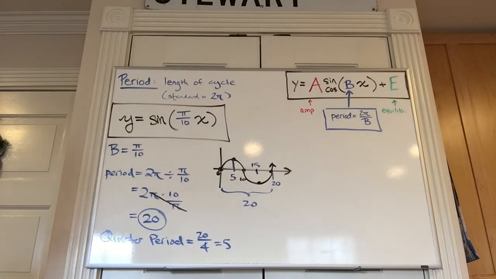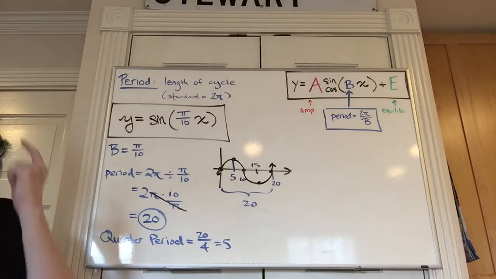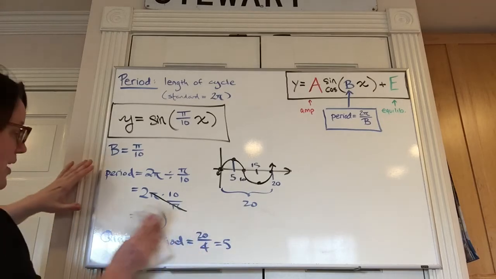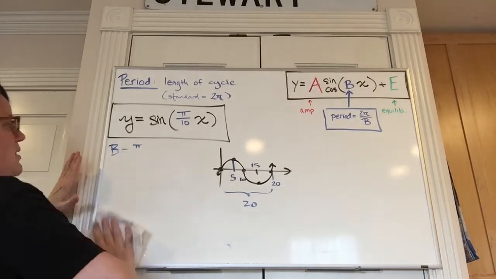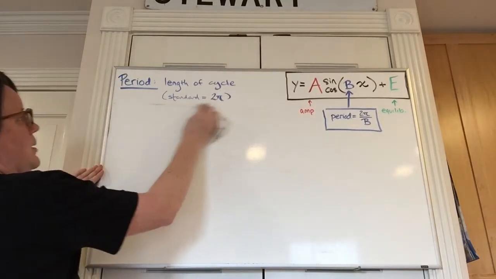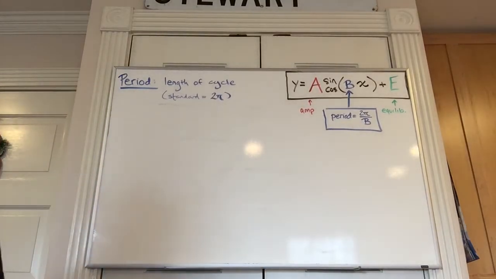Okay, so we're going to try to put the pieces from today together with the pieces from last time so that you can try to do a problem that has a change of amplitude, equilibrium, and period. But I actually think you're going to be so fine with this because you've got the pieces from last time down. So, big scary looking equation.